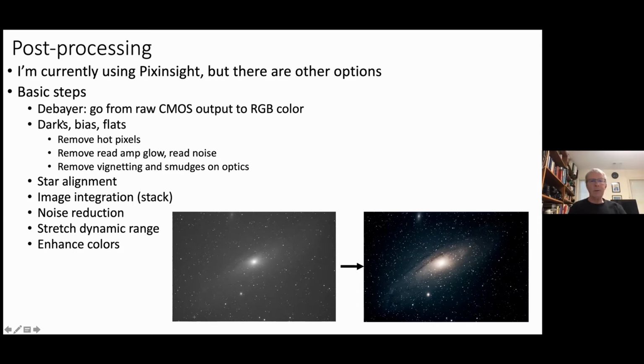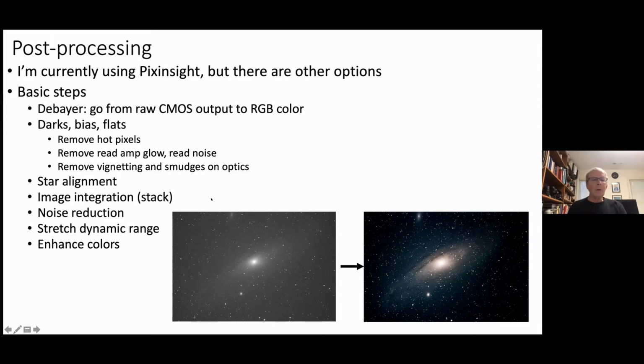The darks you just take for the same exposure as the regular image, only with the lens covered up so that there's no light coming in. The bias frames are just very fast exposures that you take a few of, and they give you the read noise. They help you get rid of the read noise. The dark frames help you get rid of hot pixels and amp glow, which tends to be a kind of bright spot in one part of the image.